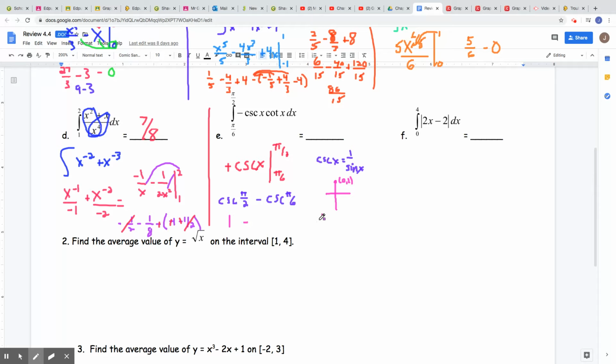All pi over 6's have a coordinate that is root 3 over 2, 1/2. Well, we are looking at the sine, the y. The reciprocal of that is 2. All right, so 1 minus 2, negative 1. And there's our answer, negative 1. All right, so you need to remember a little bit of your unit circle stuff for that one.